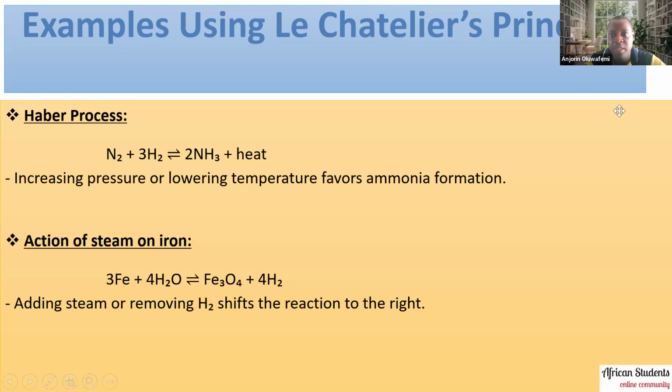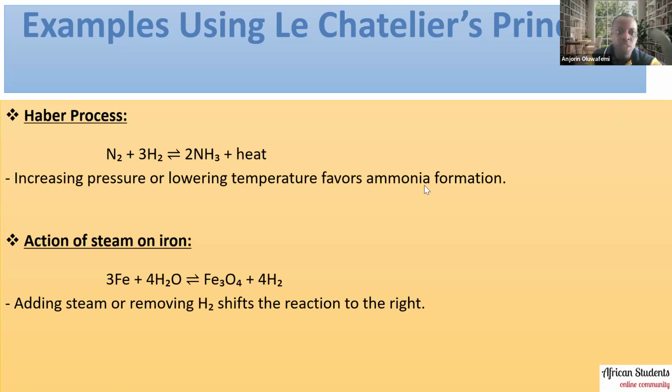So we want to look at some examples using Le Chatelier's principle. Haber process, which leads to the formation of ammonia, is an example. Increasing the pressure or lowering the temperature favors ammonia formation. So when you increase the pressure and you lower the temperature, you will favor ammonia formation in this regard.